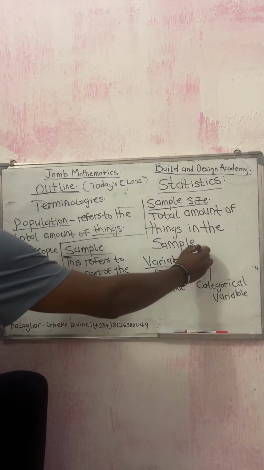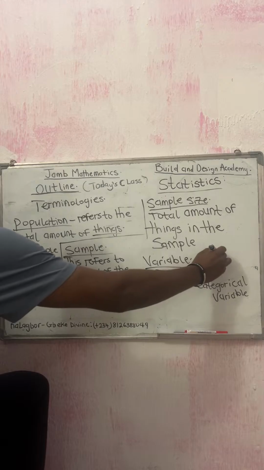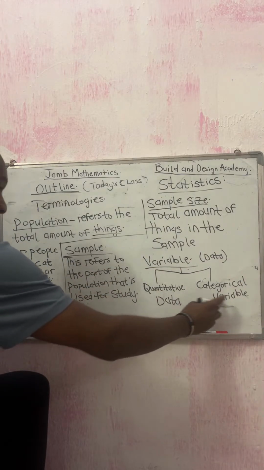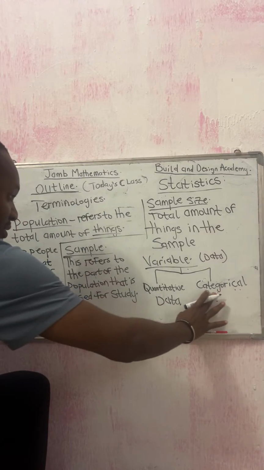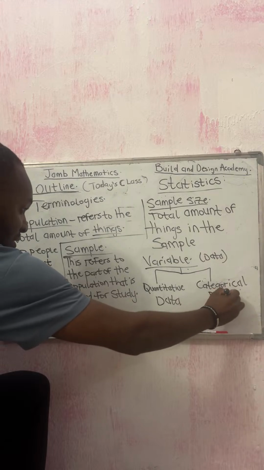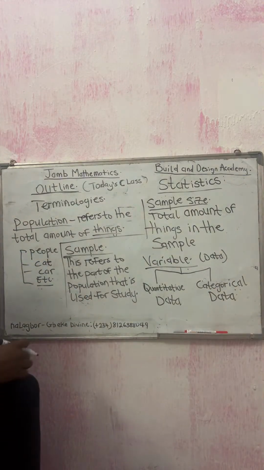This variable you can also write as data. So we can say categorical data and quantitative data. This is what we have under the variables.